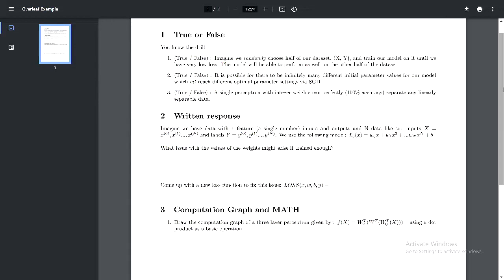On the written question, by the way, the function does have x with a 2 superscript. That is x squared, not the second dimension or second input. That's why we have the weird notation.